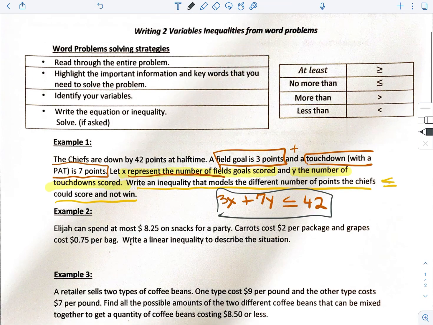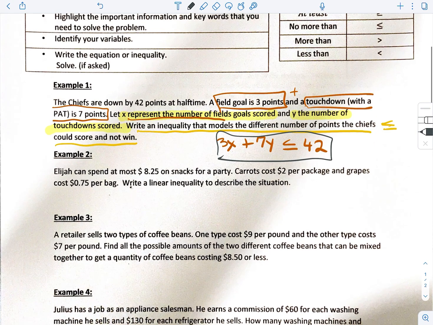All right. In example 2, it says Elijah can spend at most, keyword, at most, $8.25 on snacks for a party. All right. Carrots cost $2 per package and grapes cost 75 cents per bag. Write an inequality to describe the situation. All right, so clearly for this party, we got carrots and grapes.